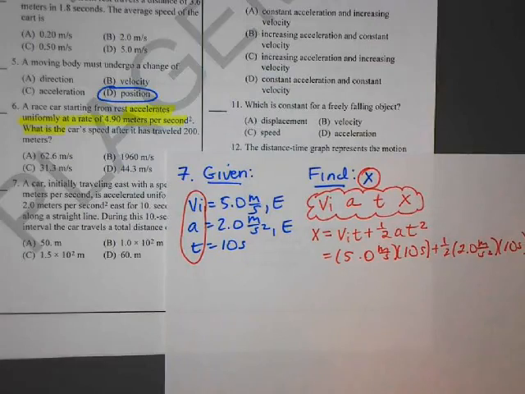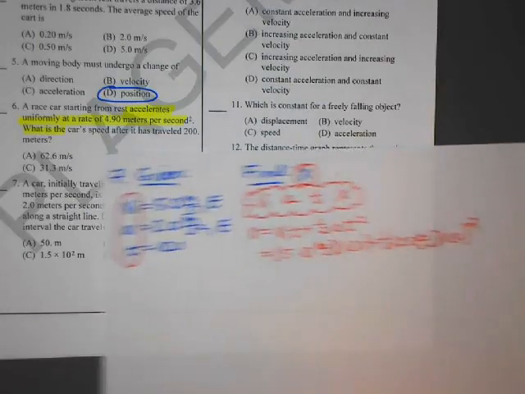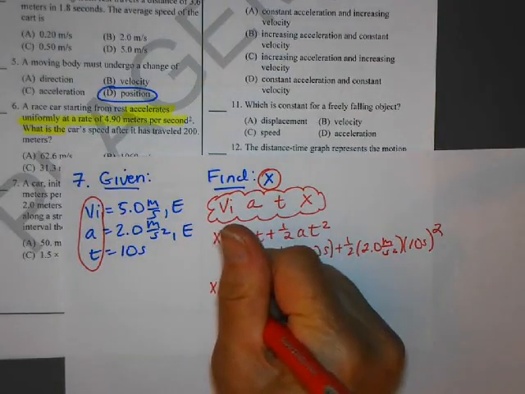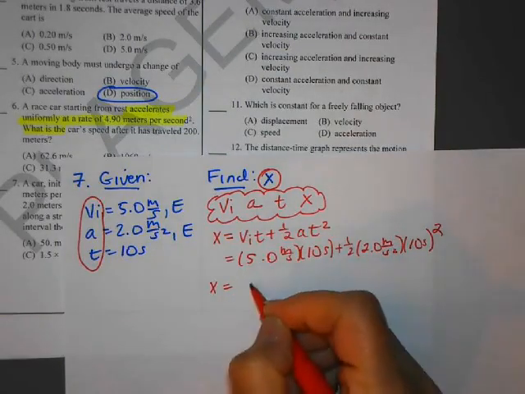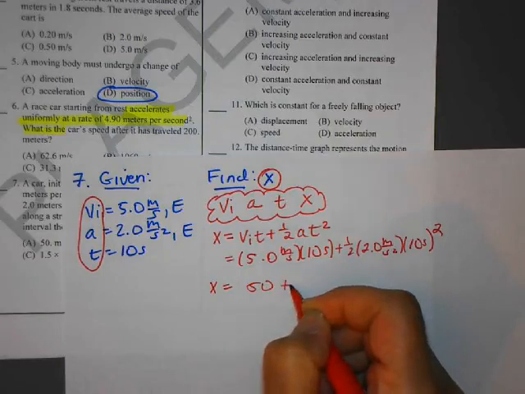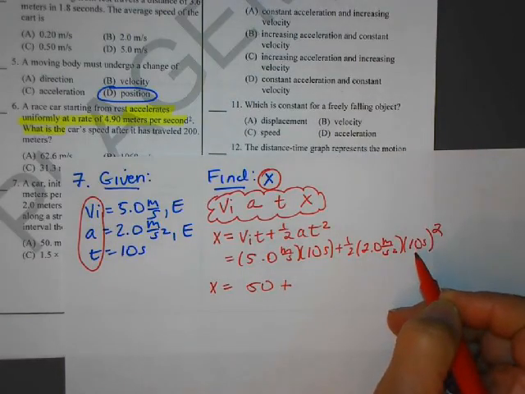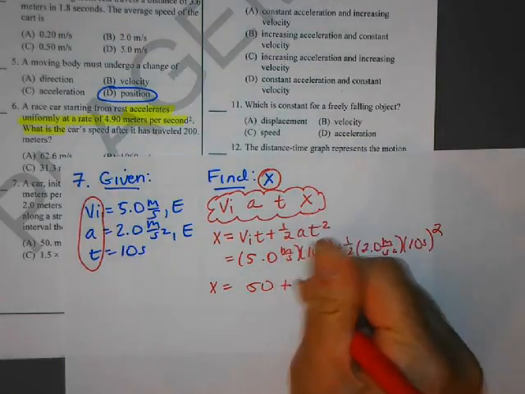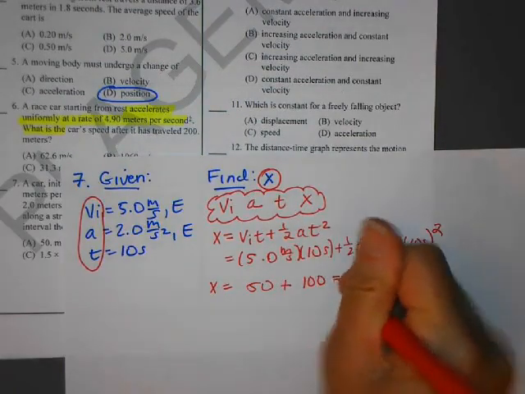And I don't want to forget that part. I'll have to move this over so we can see it. So X comes out to be, this part is 50 plus 10 squared is 100 times 2 is 200 divided by 2 is 100. Remember, you always can use mental math.